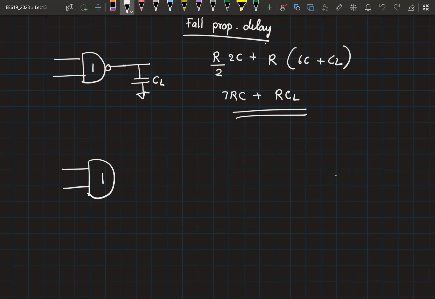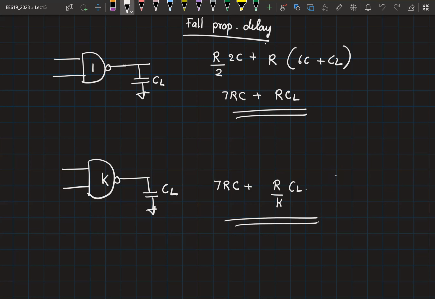So now I size our NAND gate by a factor K. So the NAND gate has been upsized and it is still driving a capacitance CL. So what is the fault propagation delay now? This is 7RC plus R by K into CL. Okay.